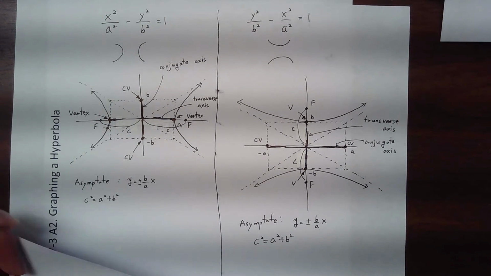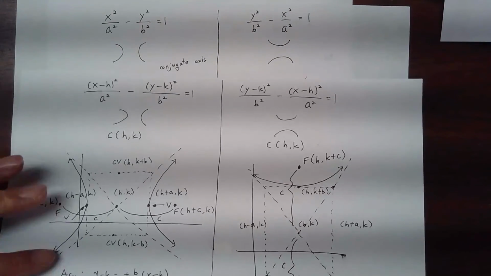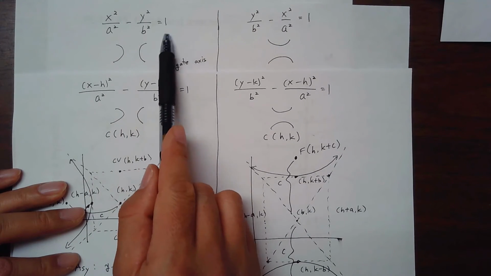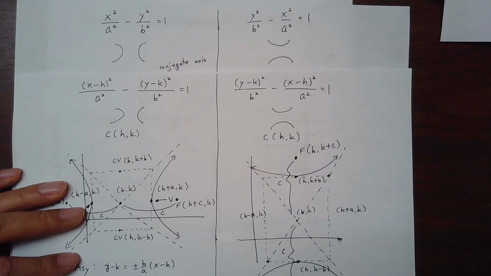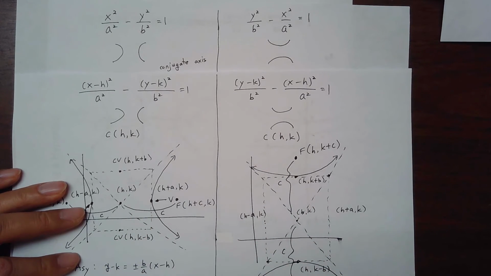So the only thing you have to add is considering shifting. That was the basic equation of a hyperbola without considering shifting, and this will be with shifting.